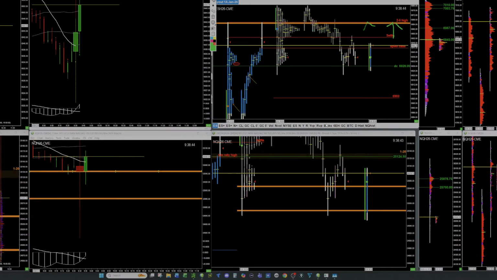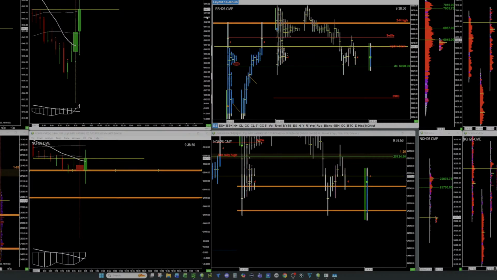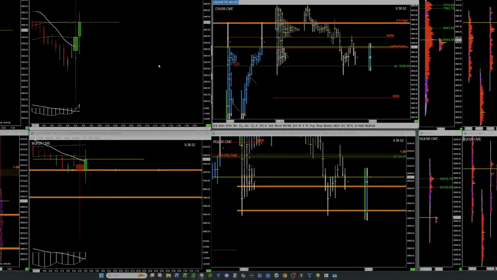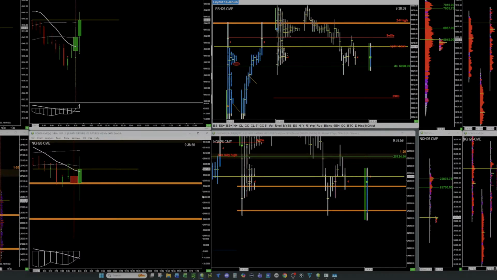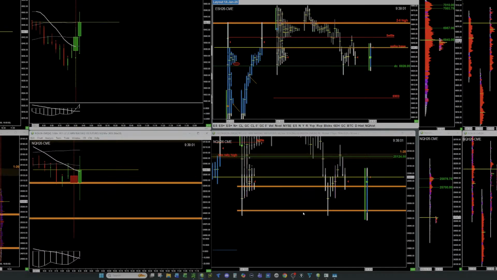Again, trading is just absorbing information that the market is giving us all the time, and doing the updates, updating our systems as the information comes in.